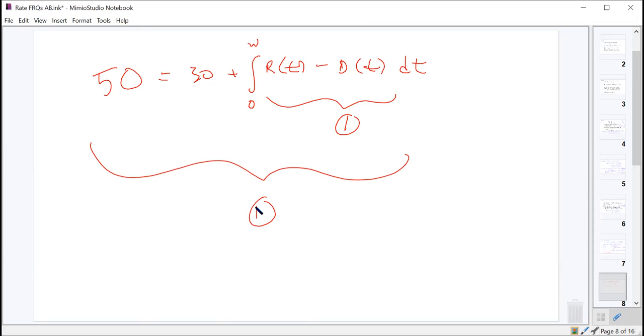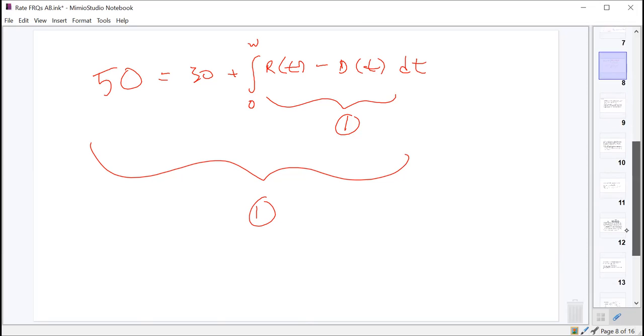How do we feel about the rate questions and the graph questions in general? Austin, no? You don't know? Getting there? All right. One rate, one graph, yep.